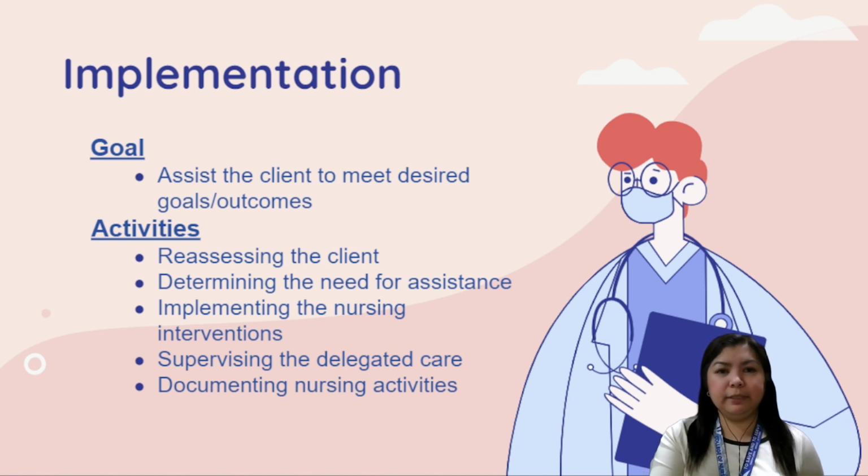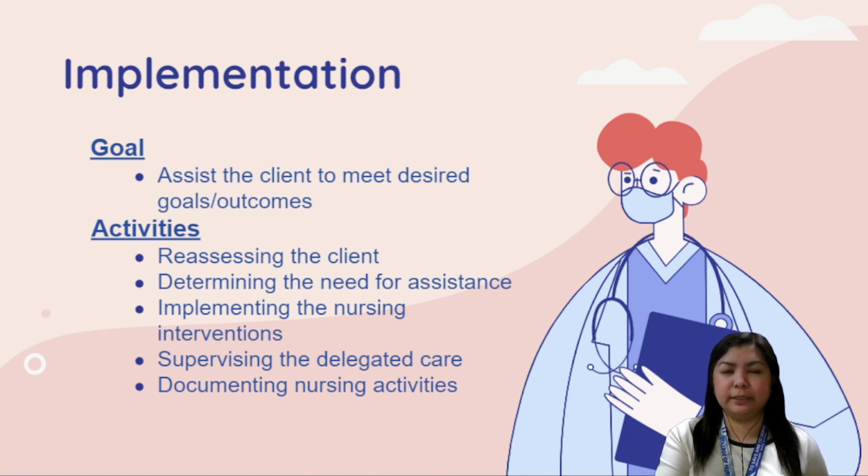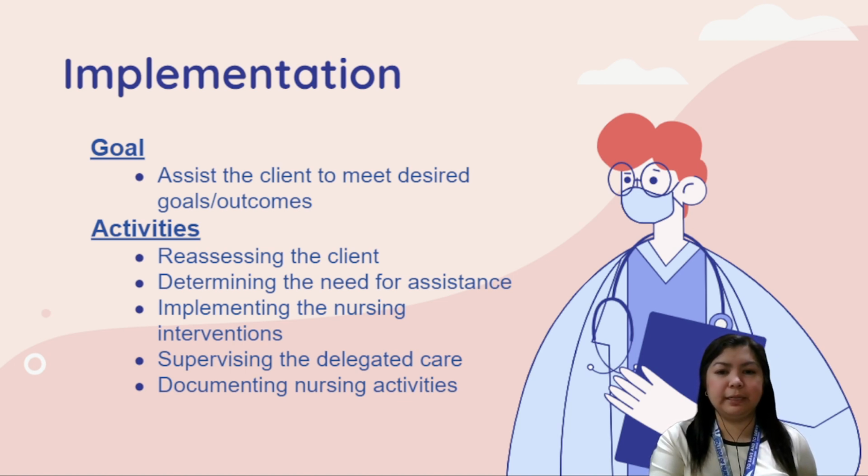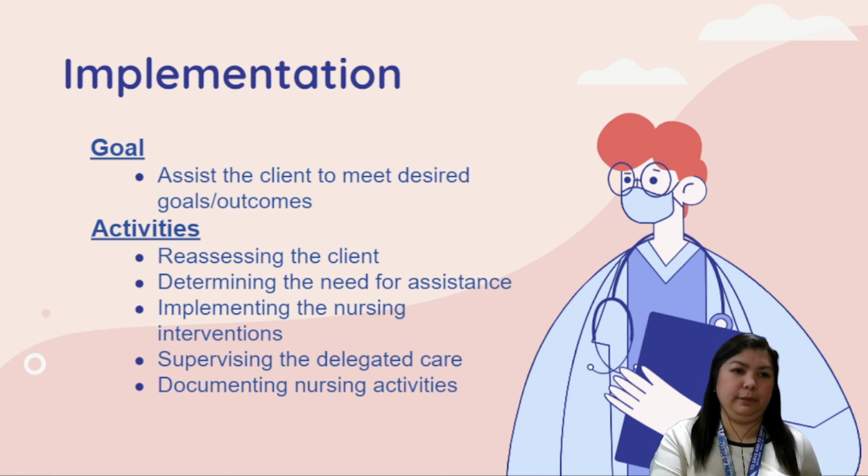So nursing activities and client responses are examined, and nursing activities are individualized based on the different assessment data that you have. The goal of the implementation is to assist the client to meet the desired goals or desired outcomes that we had set under planning.